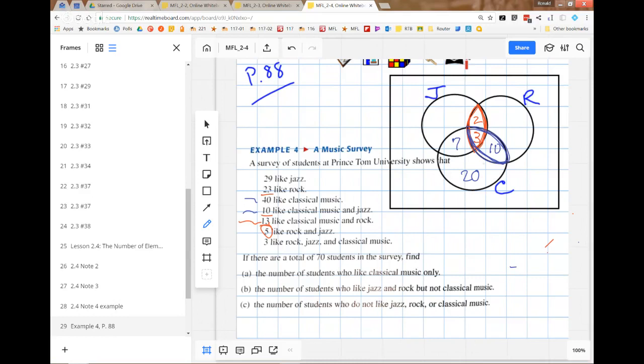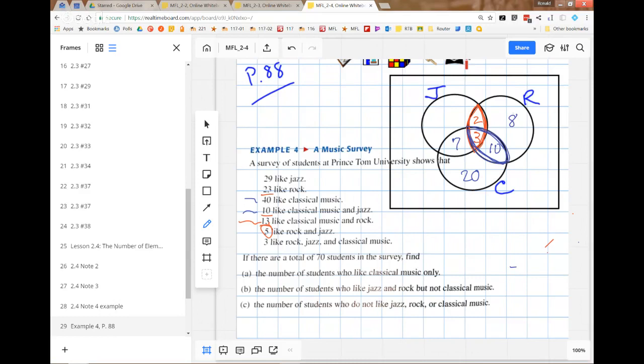And then 23 like rock. How many do we already have that like rock? 15. Right. So what do we need in the outside of that R circle? 17. Oh, wait a minute. 15 plus 8 is 23.